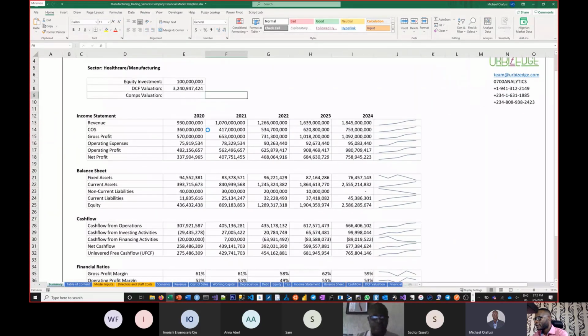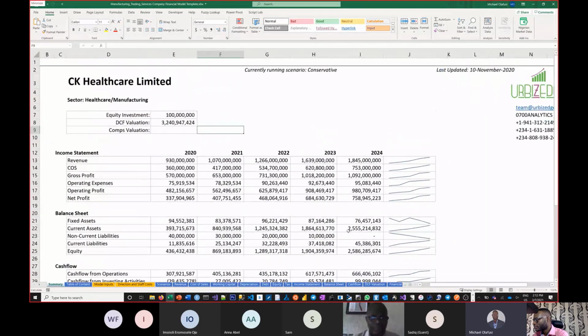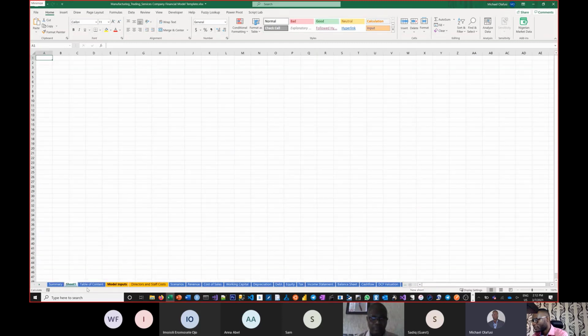I'm going to create a new sheet and call it financial ratios. Though I've done it before, for the purpose of this demonstration I'm going to recreate it.